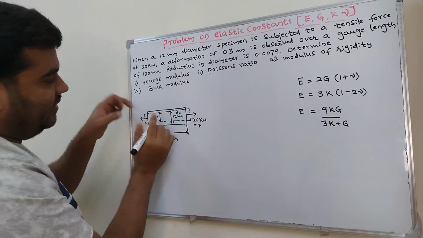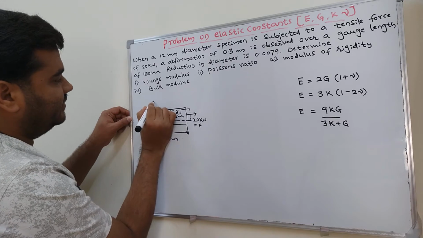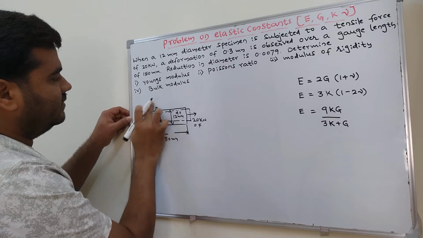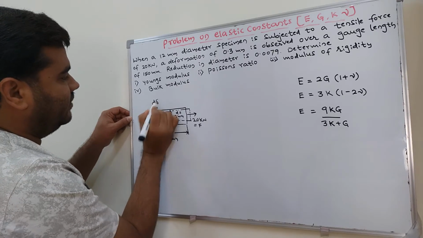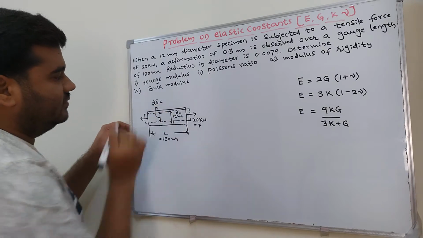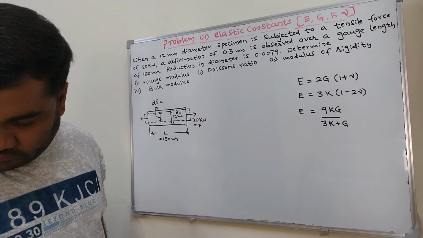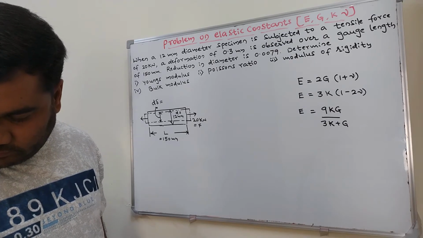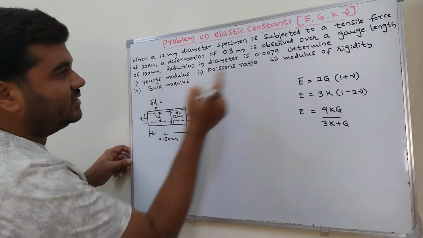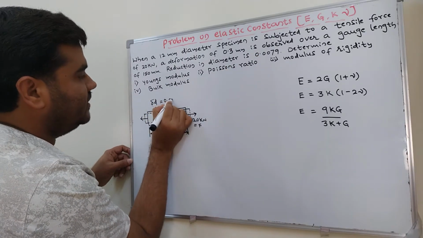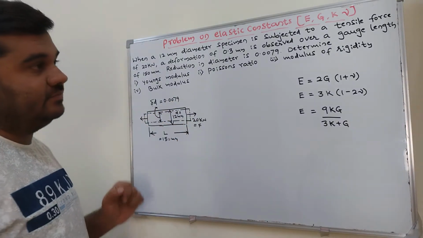So whatever the reduction in diameter, this will be the change in diameter, equal to 0.0079. These are all the data given.